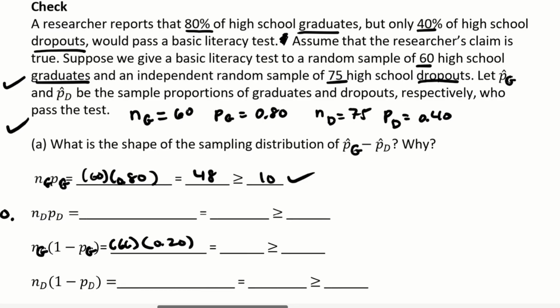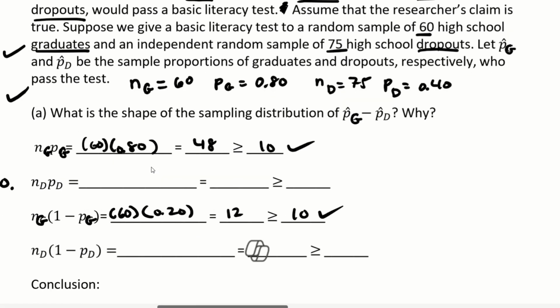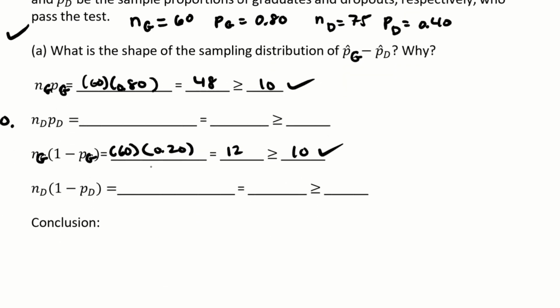All right, now let's do dropouts. So 75 times the probability 0.40, which is going to be 30, which is greater than 10. And then again, 1 minus that is going to be 0.60, it's going to be 45, sorry, which is greater than 10.